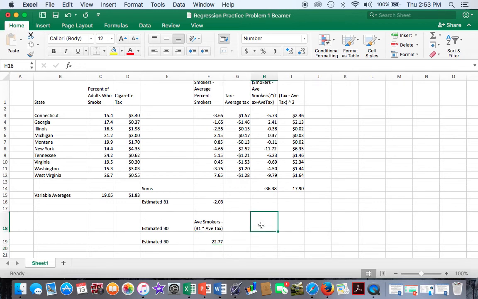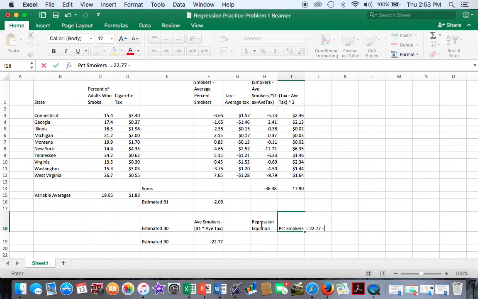So I'm going to put it in over here as a full equation, since it's kind of nice and boxy: percent smokers equals 22.77 minus, or it's really plus a negative, so it's easier just to say minus 2.03 times the cigarette tax.